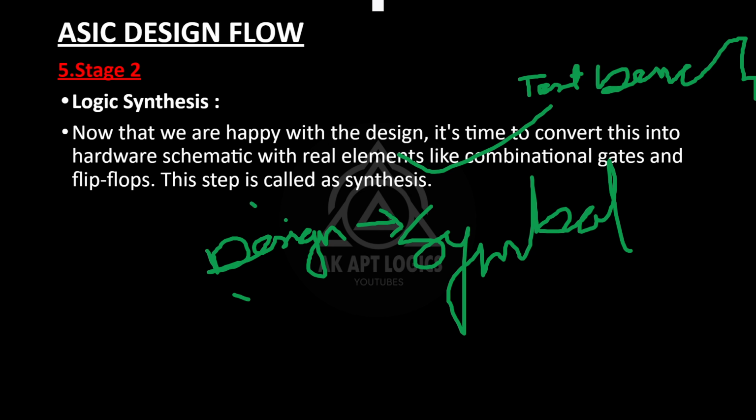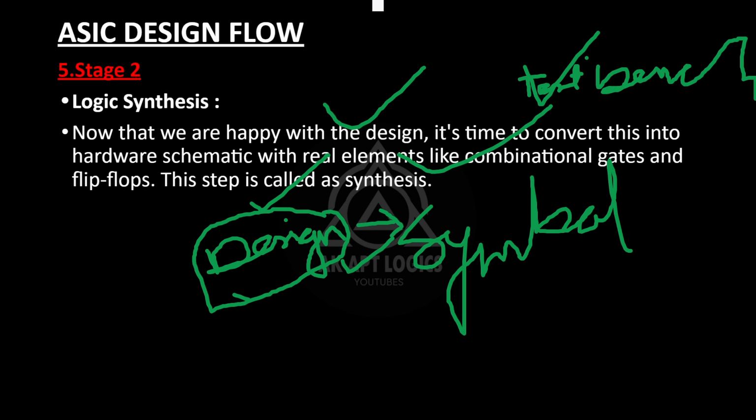This conversion of design code into the hardware schematic is known as synthesis. We have to know that we are happy with the design in the sense that the design code is okay after performing verification using the TB by the verification engineers. Now it's time to convert this into the hardware schematic with real elements like combinational gates and flip-flops. This particular step is called synthesis.